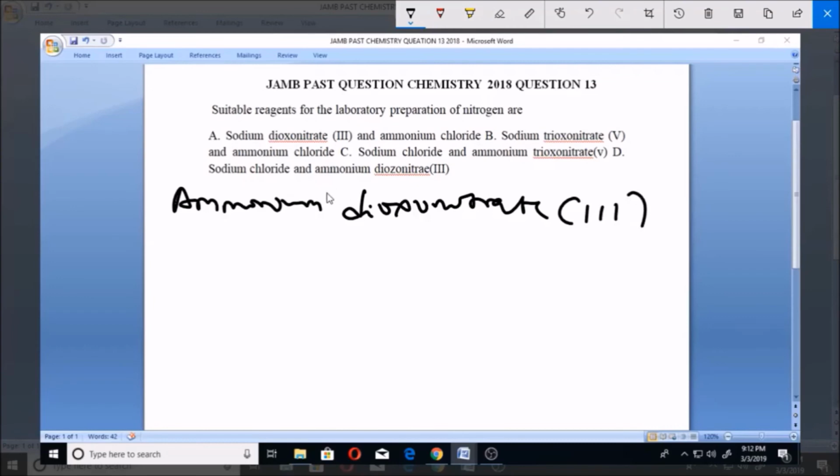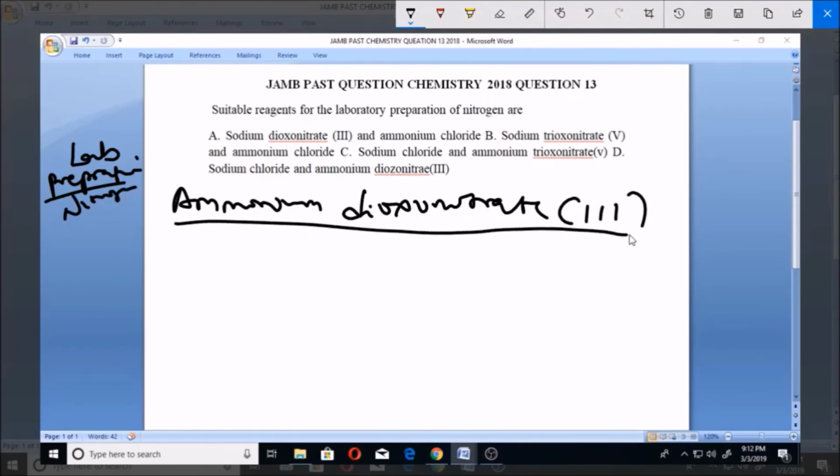So how do we come about this? Like I said, this is the laboratory preparation of nitrogen from ammonium dioxonitrate 3. But how does this happen?